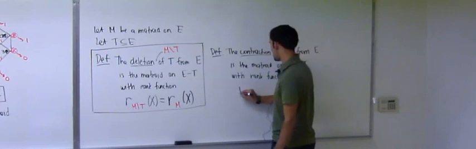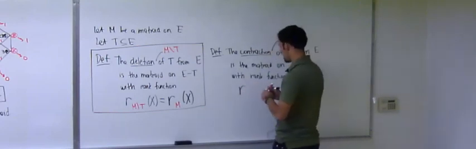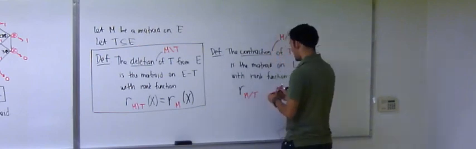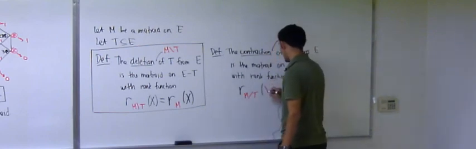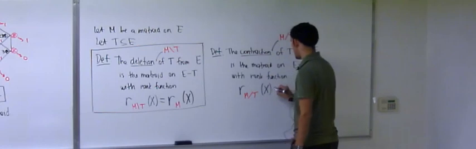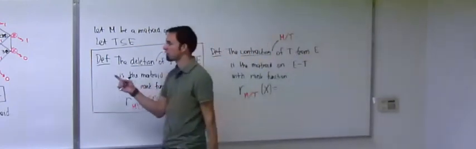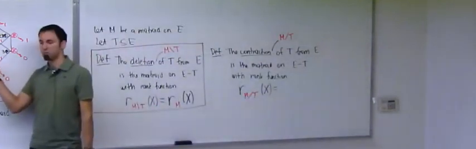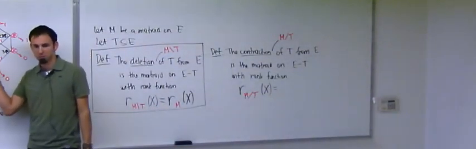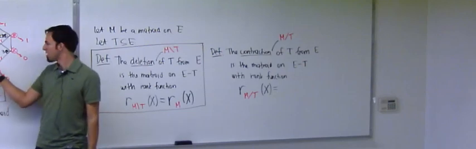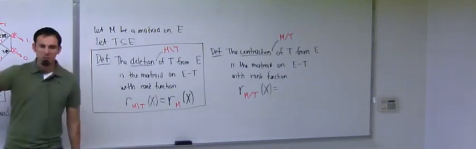So what is the new rank of some set X? It's the rank of X union T in the old matroid.